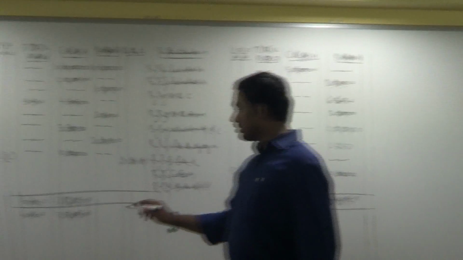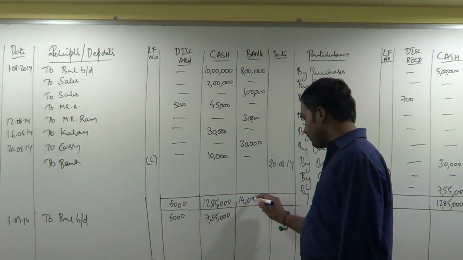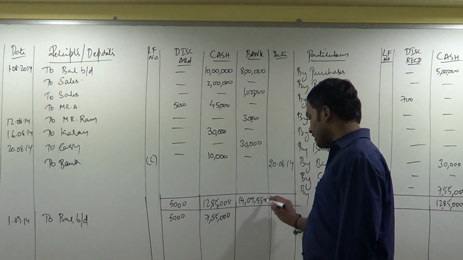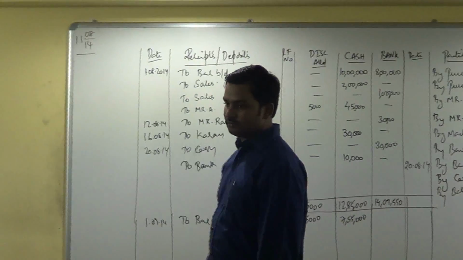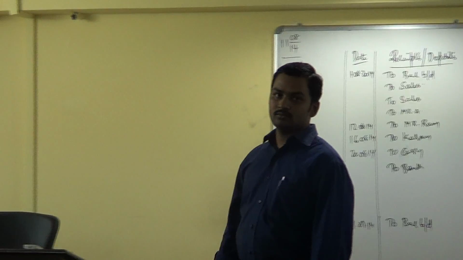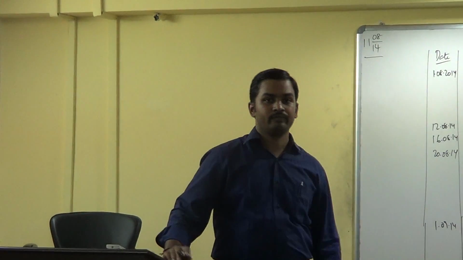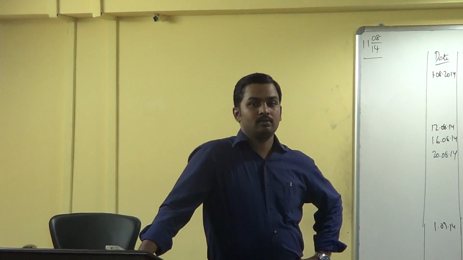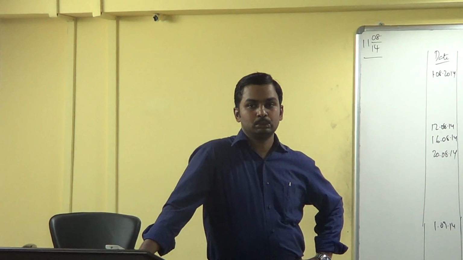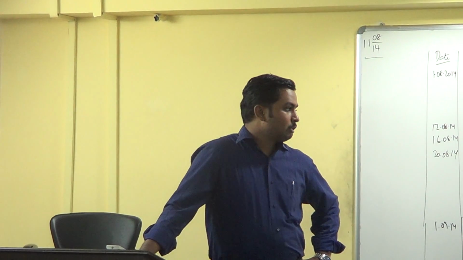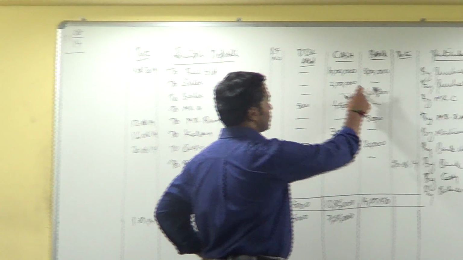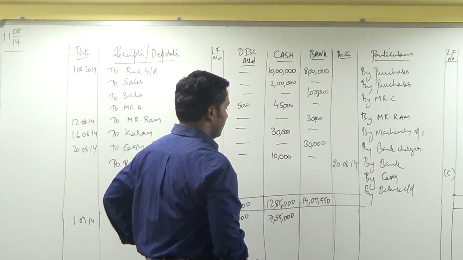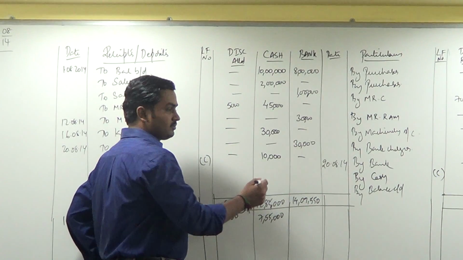Write the same total on the receipt side also. 14 lakh 9,550. Now out of 14 lakh 9,550, subtract the items on the deposit side and tell me how much balance is left.